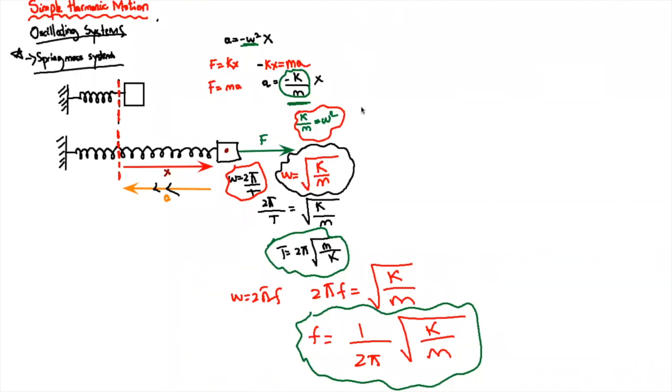You know that every spring has K. What if I increase K? What's going to happen to my spring? What do you guys think? If I increase K, what's going to happen to the spring?